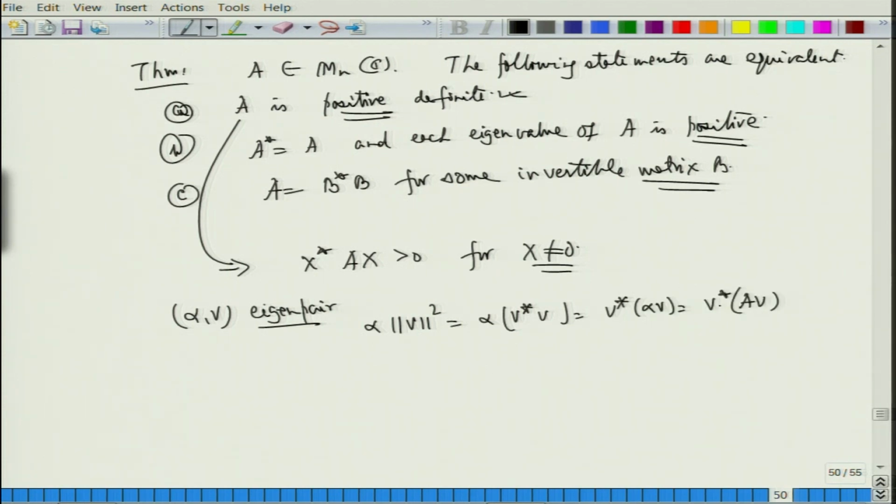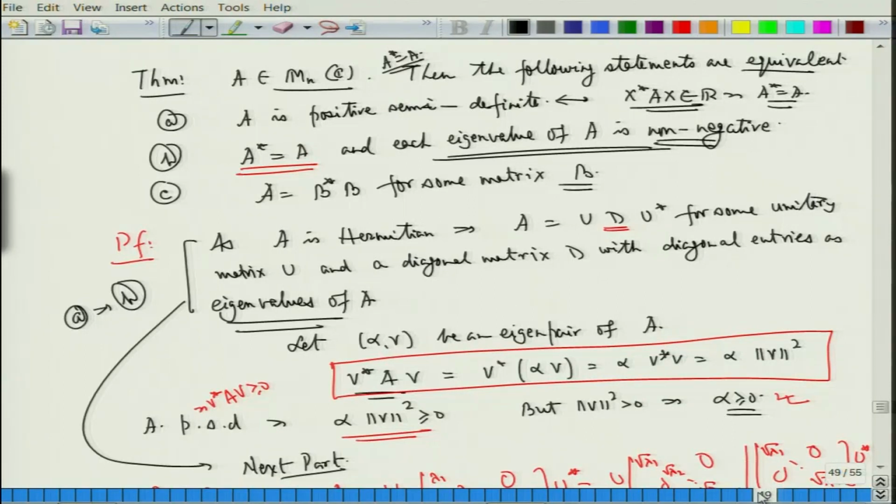This says it is positive, so this implies alpha is positive. Fine. So just writing the same thing again and again and nothing else. So A implies B I have done.